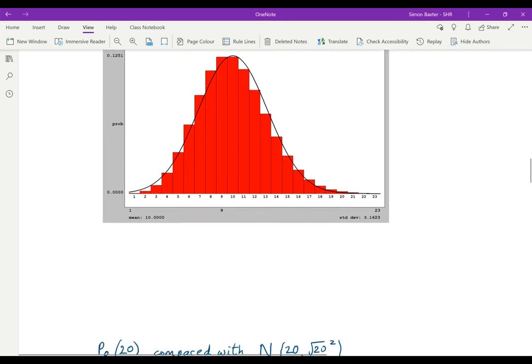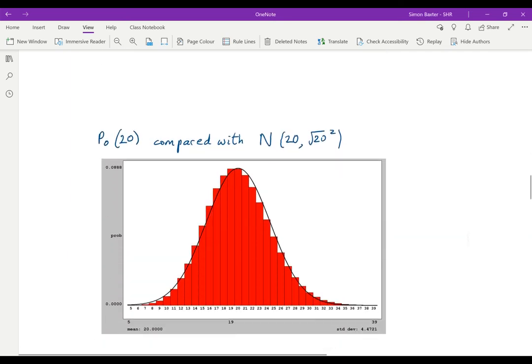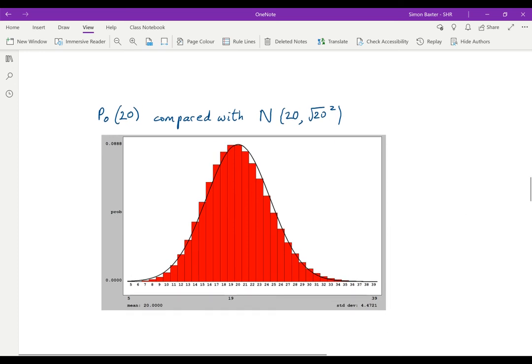Moving on again, increasing the mean, a mean of 20. This now is beginning to look really quite useful. Yes, we might detect a slight tail there, but very slight. Much, much more similarity between the normal curve and the red rectangles.